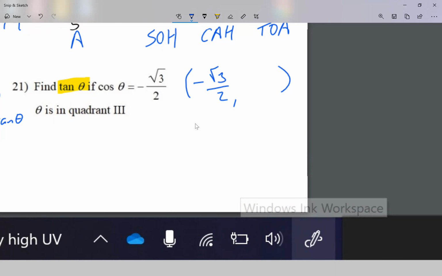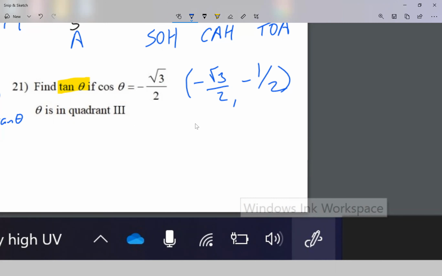Isn't that 210 degrees? The x value is negative radical 3 over 2, and the y value is negative 1/2. Remember, the cosine is the x value, sine is the y value.